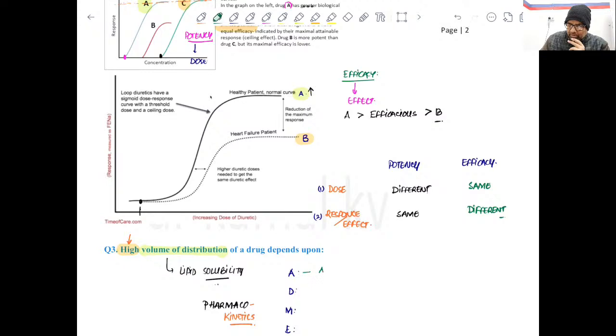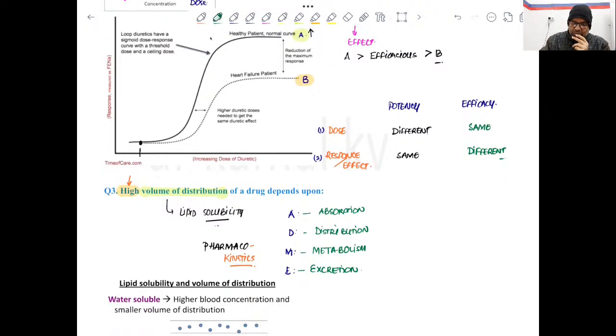So A is for absorption, D is for distribution, M is for metabolism, and E is excretion of the drug. Right? So this distribution is discussed under pharmacokinetics.